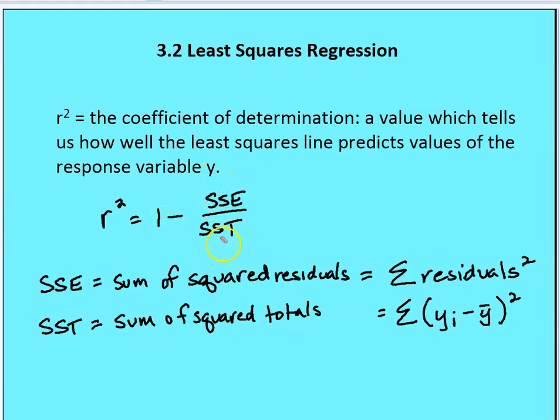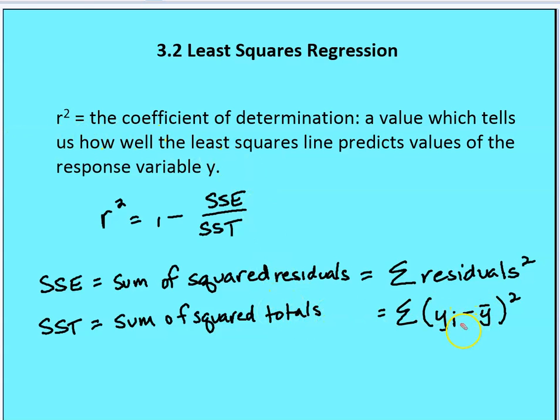All right, so we're going to take the 1 minus the sum of the squared residuals divided by the sum of the squared totals. So the residuals would be the difference between the predicted value and the actual value, right? That value that we're going to use for standard deviation.